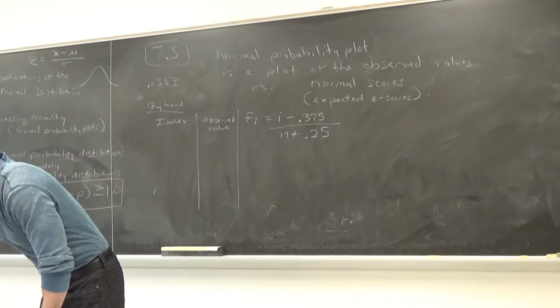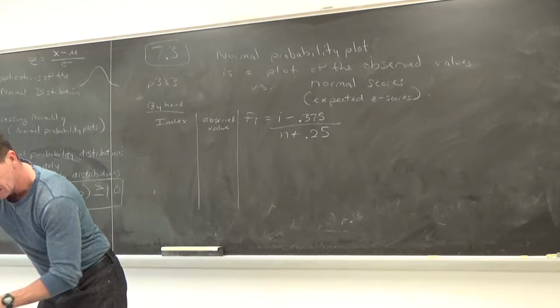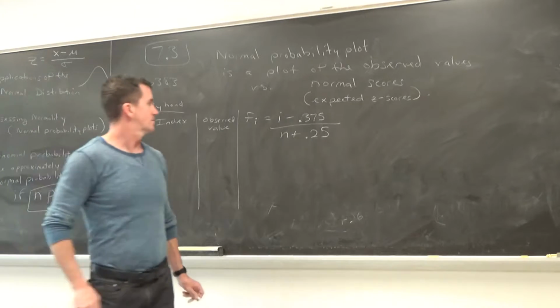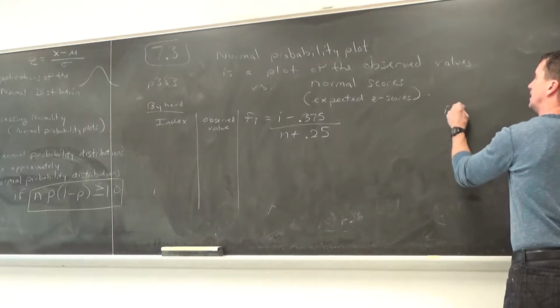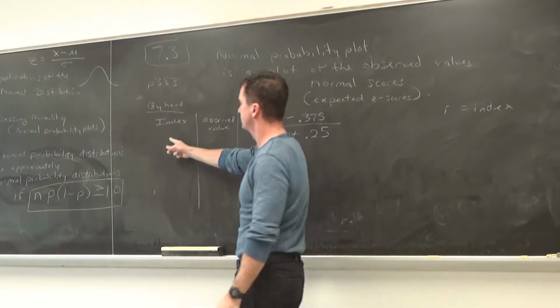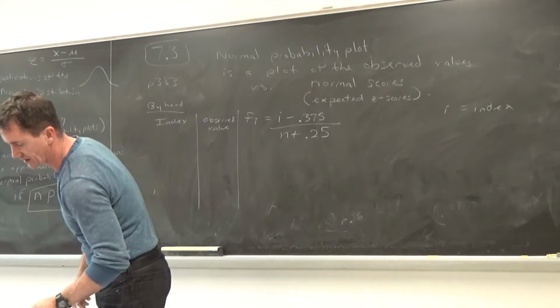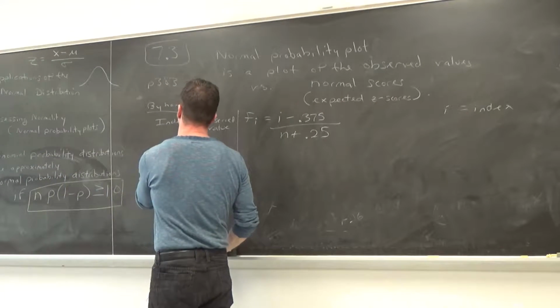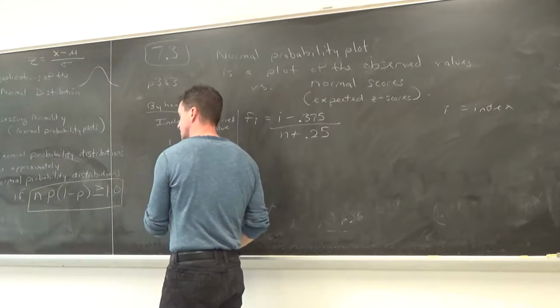i is the index, and n is just going to be the number of observations. I want to make a note that i equals the index that you'd have in this column, and your index would be something like 1, 2, 3, 4, 5, 6, 7.